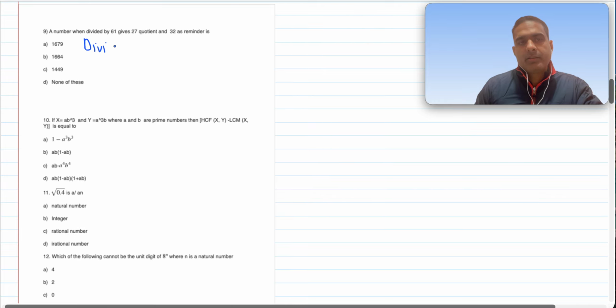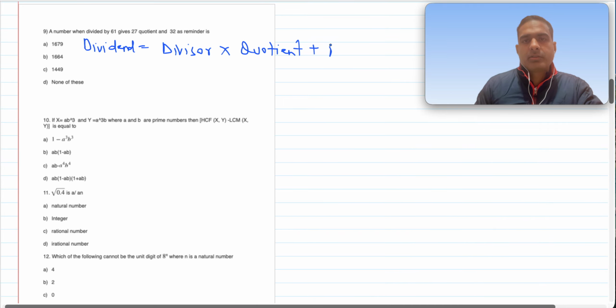We write dividend is equal to divisor into quotient plus remainder. So dividend we have to find out.